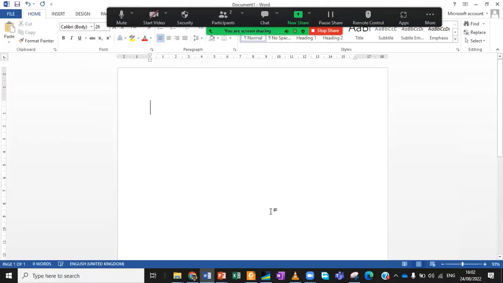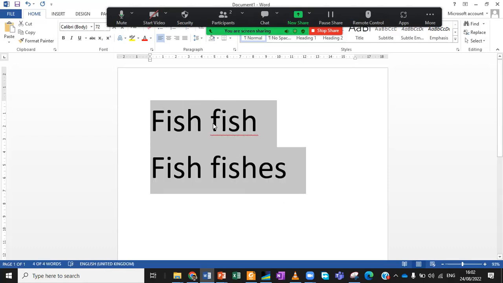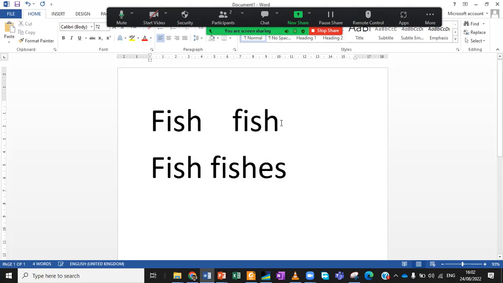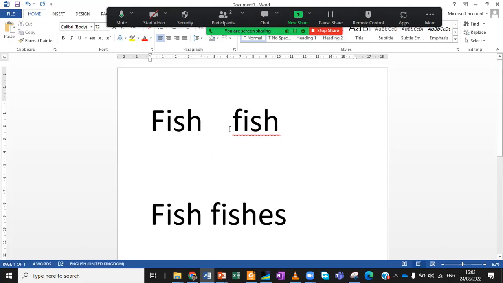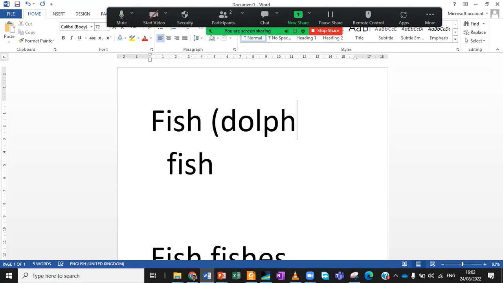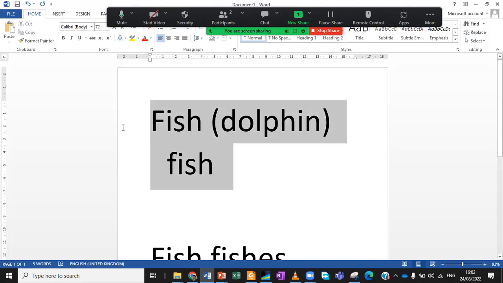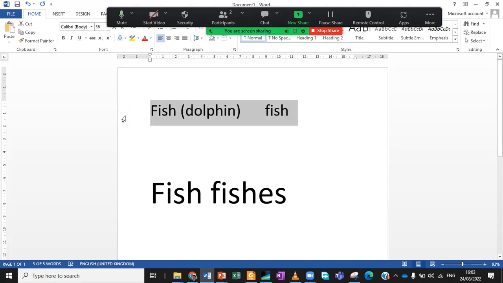Now, hold on. You know, we have fish and fish, and we have fish and fishes. If the fish you are referring to is a dolphin, for example, and this is one dolphin and this is another, two dolphins, you still say fish.